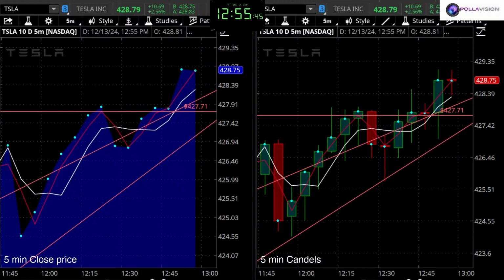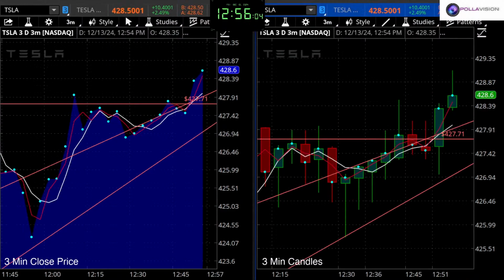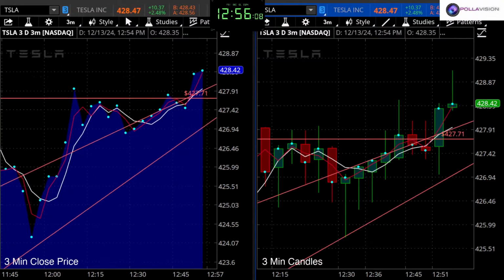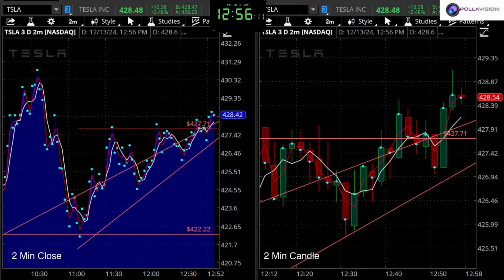These are going to roll over at different times. 4 minutes to the top of the hour. What is the 3 doing? The 3 is looking like a shooter. They took it up, they took it back down. The 2-minute is a shooter with an inside bar. Boom, boom, boom.